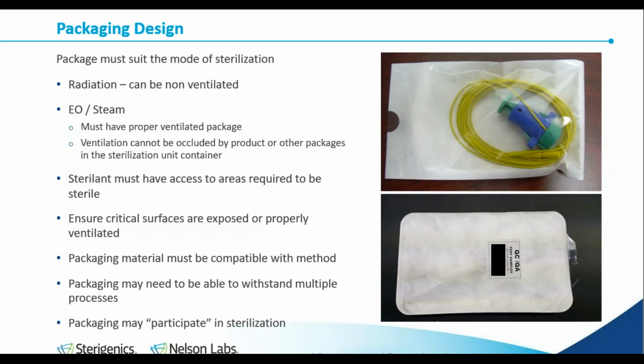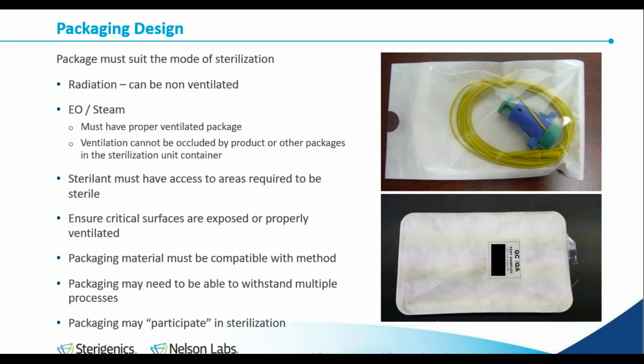So for radiation, pretty simple. Most of the radiation we use will have no problem penetrating your package. And you can have a non-ventilated package, and it'll work fine. For some of the gas processes, such as EO or steam, you have to have the proper ventilated package. Ventilation, it's really critical, cannot be occluded by product or other packages in the sterilization unit container.